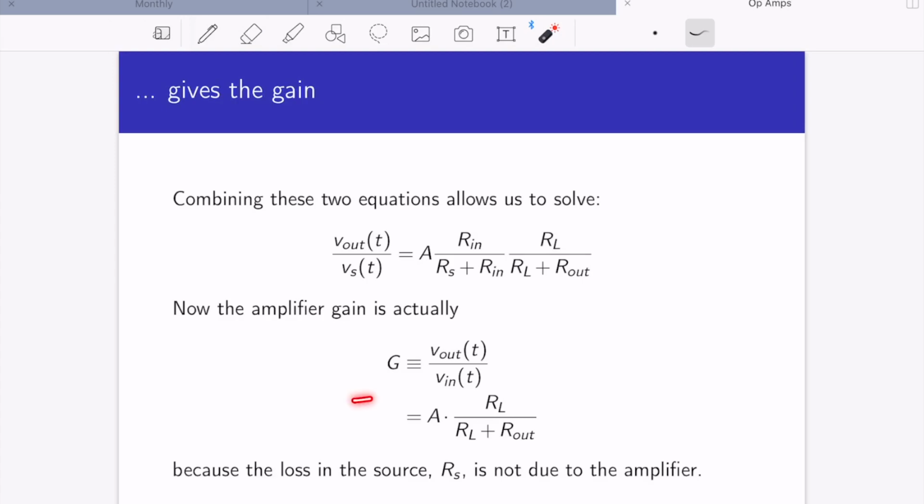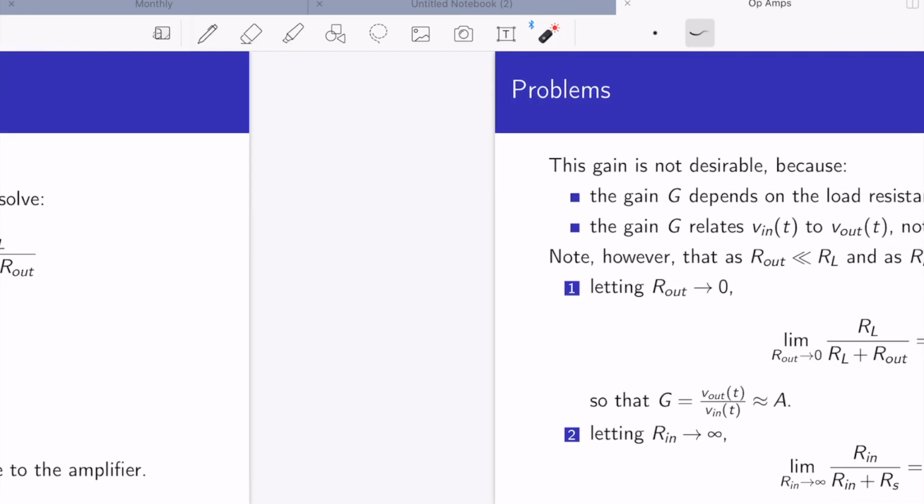If we define G to be V out over Vn, not V out over Vs, we end up with A times RL over R out plus RL. The reason we want to define the gain this way is that the source resistance is associated with the input source, and the loss across it is not because of the amplifier.